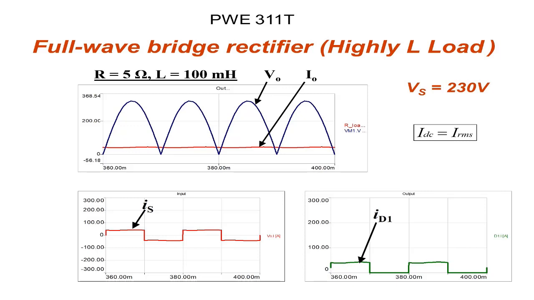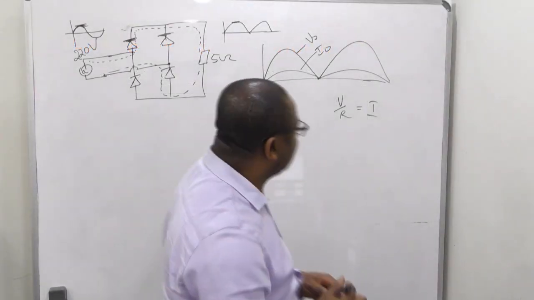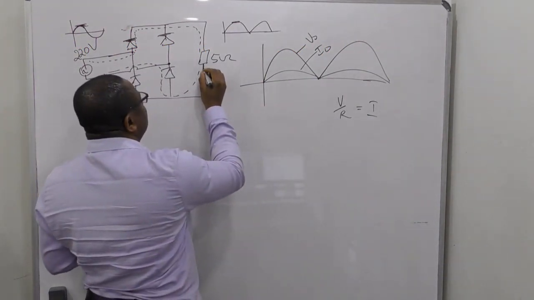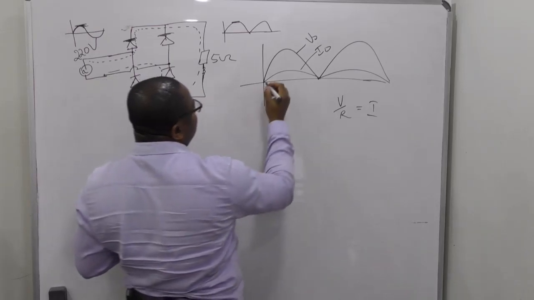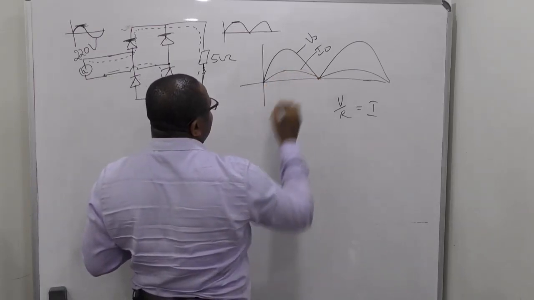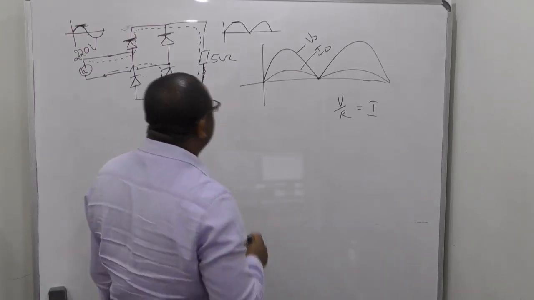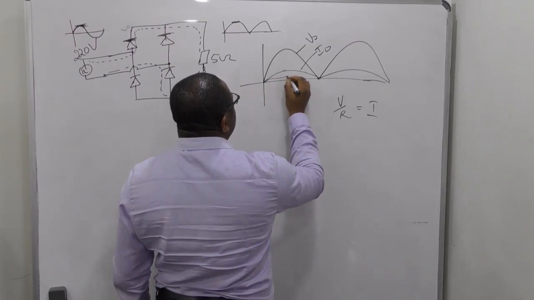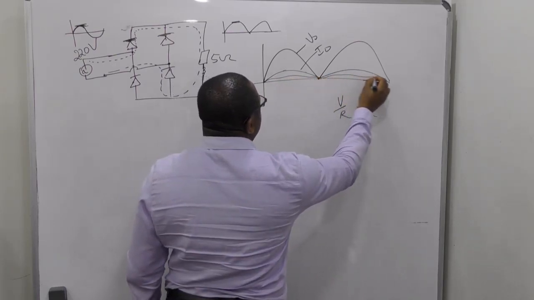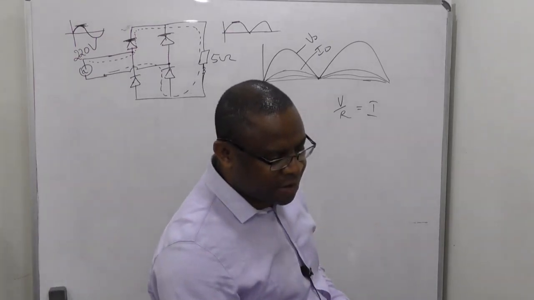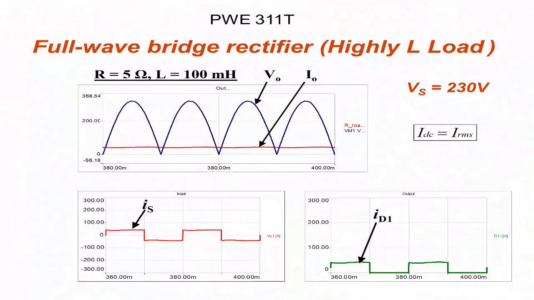As you increase the inductance, as if I add an inductor here, this ripple current will begin to disappear. It will start reducing, until when you have a highly inductive load, you will see it very straight.